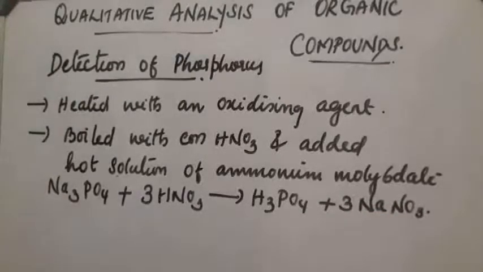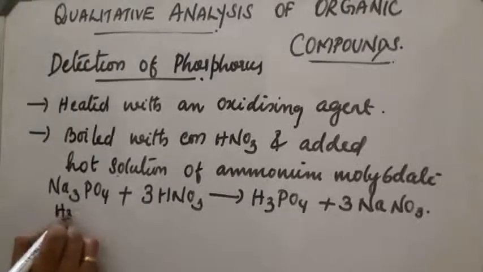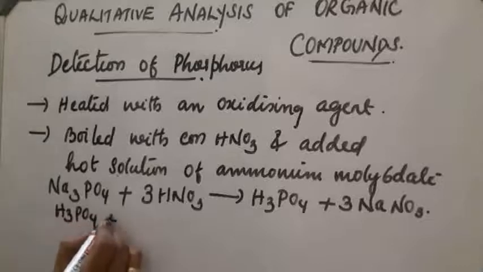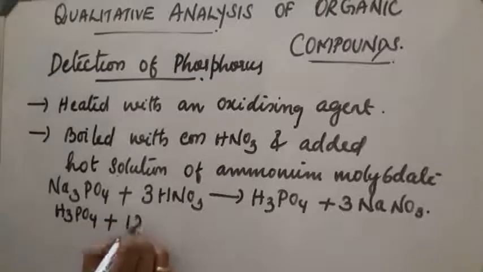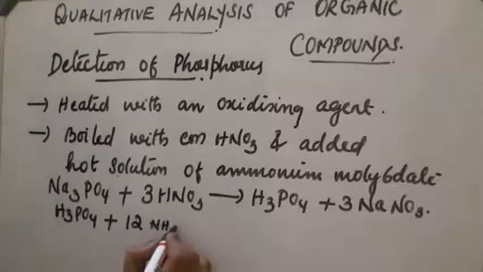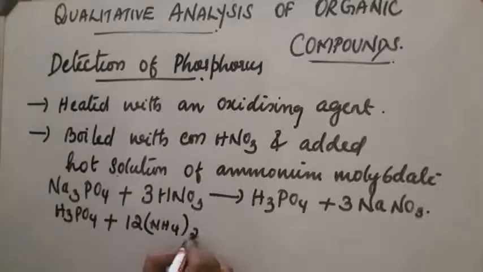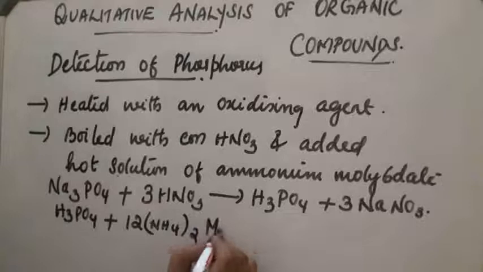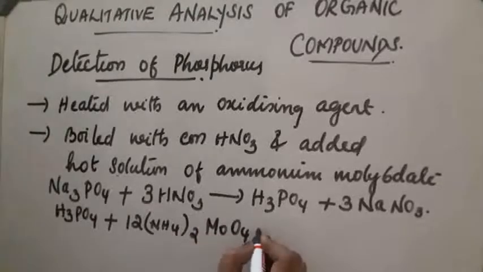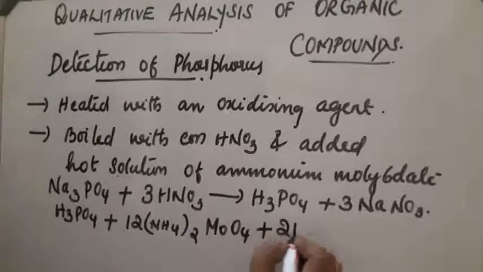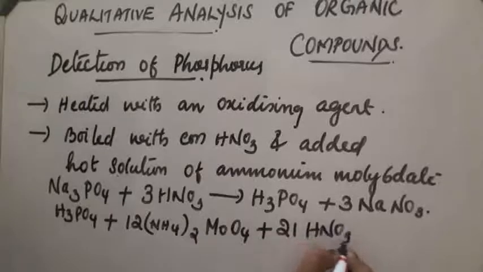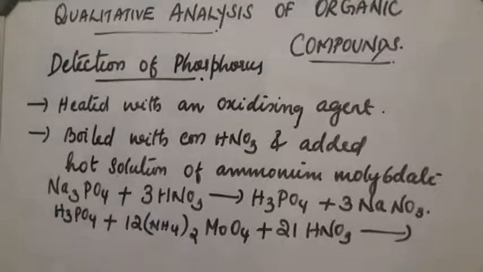Now next we add ammonium molybdate solution. H3PO4 reacts with ammonium molybdate and gets converted into ammonium phosphomolybdate, which is a yellow precipitate.